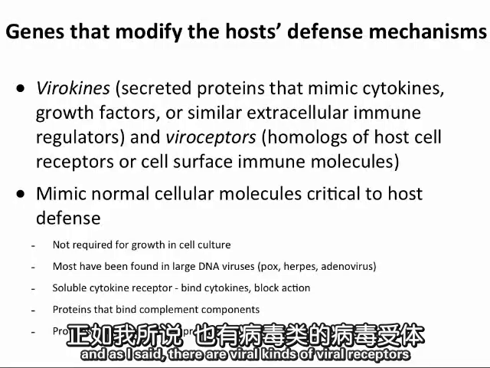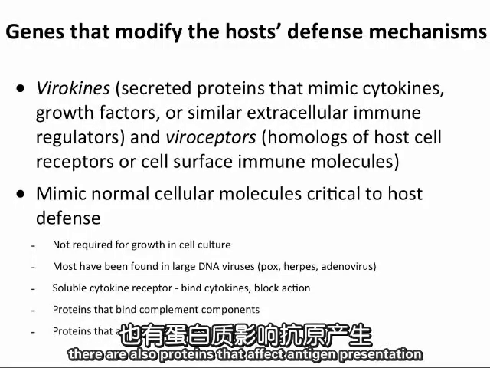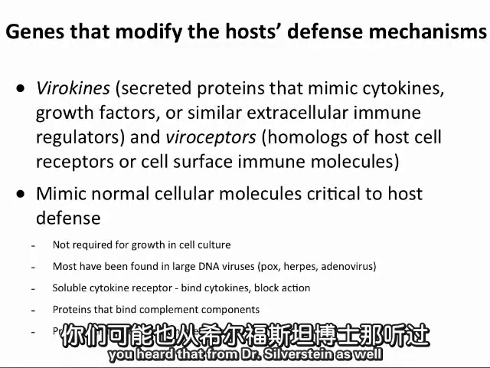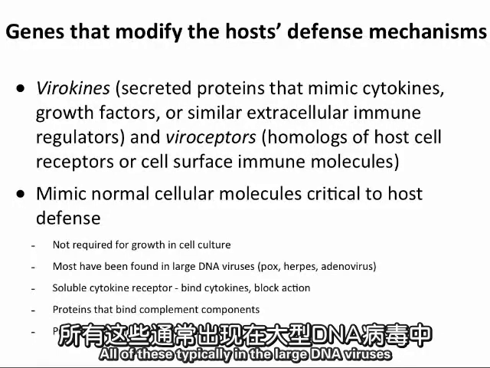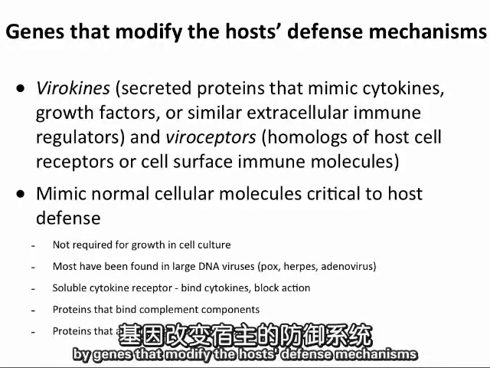And as I said, they are viral kines or viral receptors. There are also proteins that affect antigen presentation. You heard that from Dr. Silverstein as well. There are proteins that interfere with autophagy and apoptosis. All of these are typically in the larger DNA viruses. So these are what I mean by genes that modify host defense mechanisms.